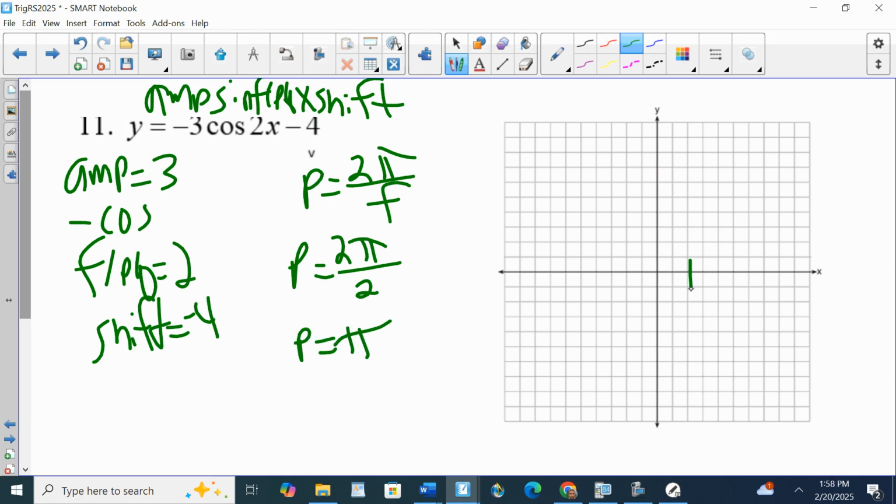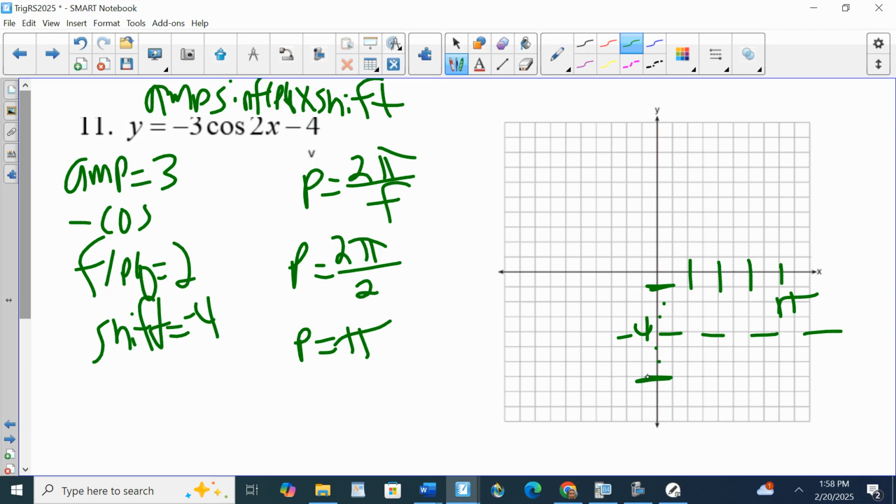Period is 2 pi over the frequency, which is pi. So I make 4 dashes, equally spaced. The period goes at the end of the 4th dash. My shift, my midline, is negative 4. My amplitude is 3. So from the midline, I go up 1, 2, 3, and down 1, 2, 3.